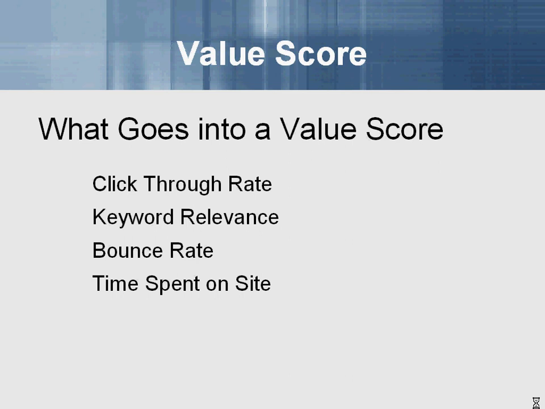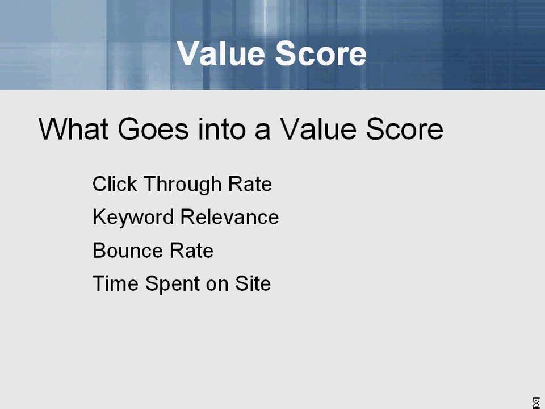So the first thing they look at is, what is the click-through rate? Every time your ad is shown, it doesn't necessarily create a click. If the ad just comes up, that's just a view, and people might click on yours or might click on another one, and however many times they click on you per 1,000 views creates your click-through rate. A higher click-through rate is going to make more money for Google and is going to show that your ad is very relevant, so they're going to sell it to you cheaper.